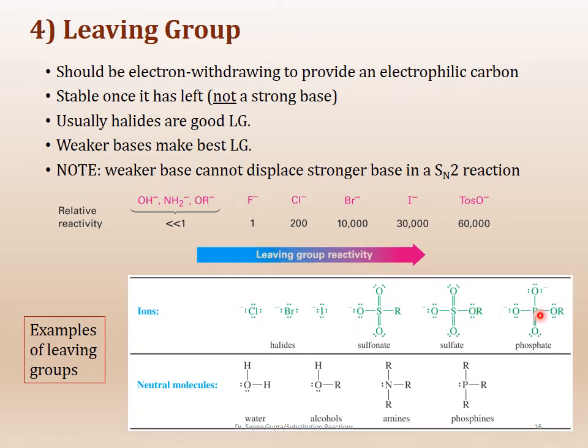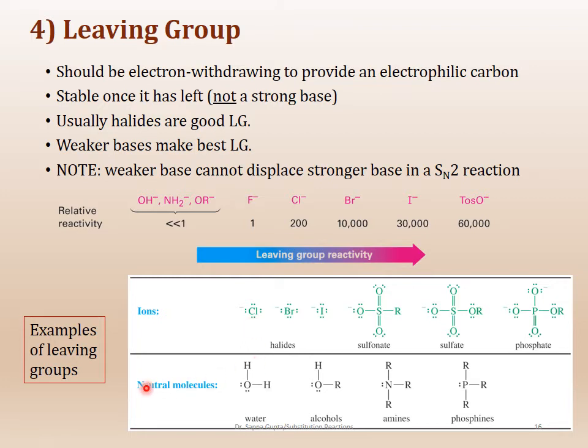Look at all of these, and these are all conjugate bases of strong acids: sulfonate, sulfate, phosphate. These are coming from phosphoric acid, sulfuric acid. Those are strong acids, so conjugate bases of all of the strong acids will make for good leaving groups. The conjugate acid for Cl minus is actually HCl, hydrochloric acid, and so it makes for a very good leaving group because the conjugate base of a strong acid is weak.